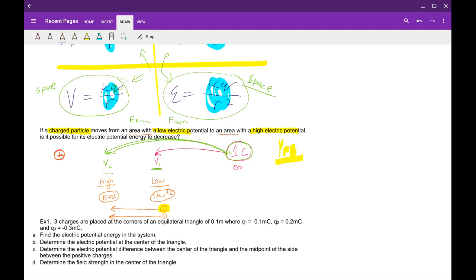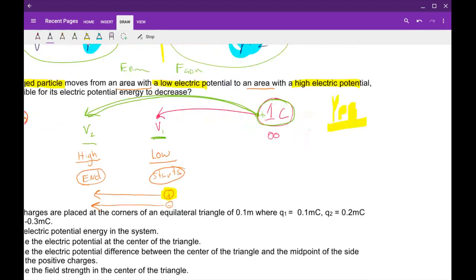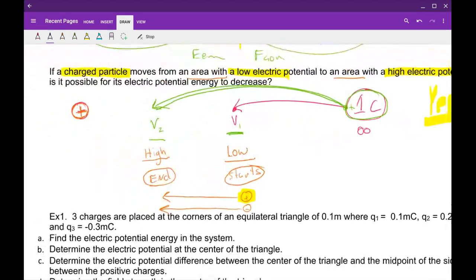It's also possible for it to increase, but it's also possible for it to decrease. Okay, so let's now take a look at this. I've got a positive particle and it moved from here to here.